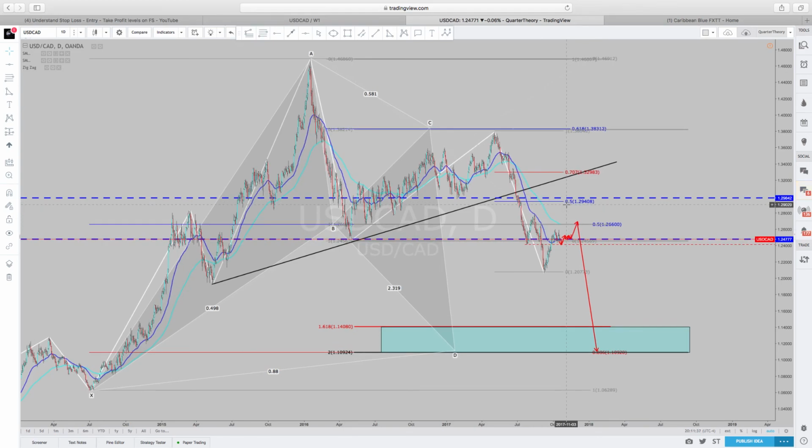I'm going to check the DXY to see where we're looking, but it definitely could be a rise to the 50% level and then come down and fall. So we have some options there. But anyway, that's what I see for this pair here.